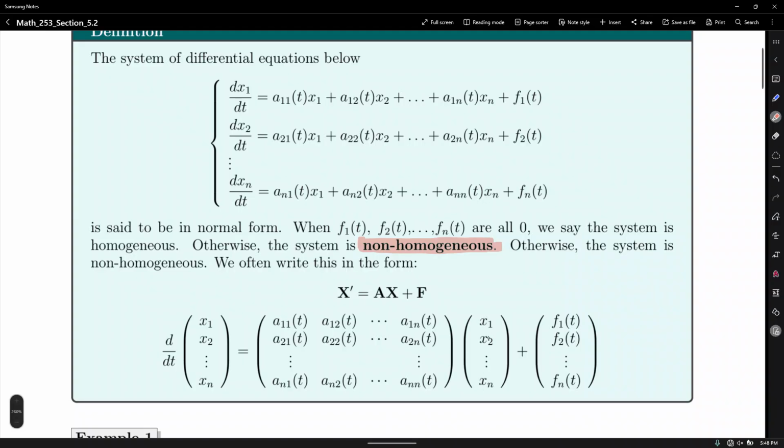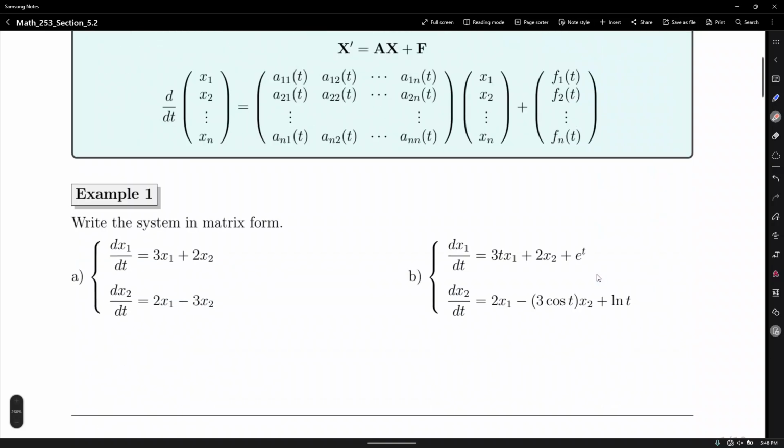And then the variables that change, x, y, and z, or x1, x2, x3, x4, etc., plus the non-homogeneous term, like that forcing function we talked about back then. All right. So, as examples, just to get started, let's write these given systems of equations in matrix form.